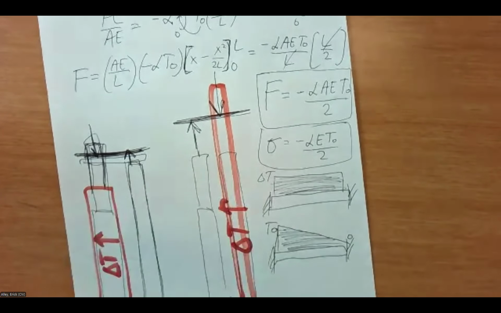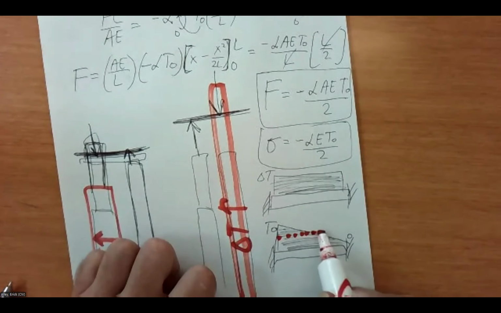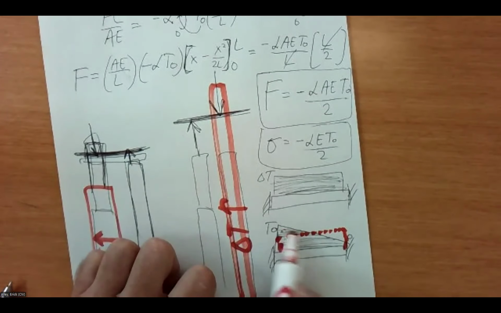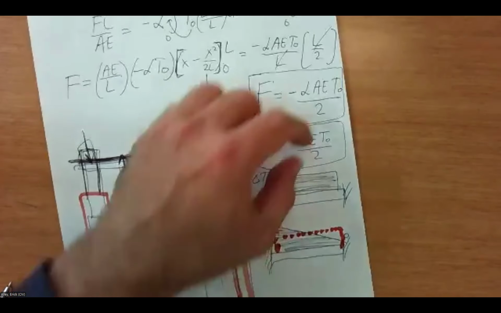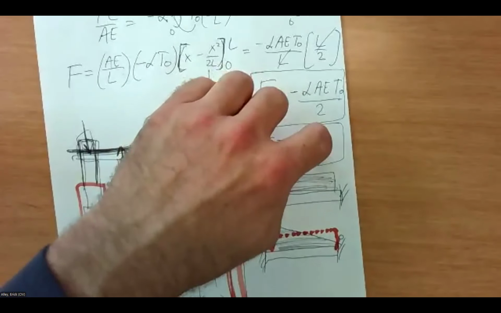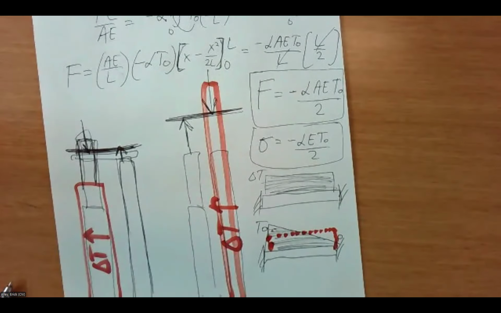The average delta T across there would then be, if I put this part of the triangle over there, T naught over 2, which matches my alpha E times a constant delta T. If I had a constant delta T and it were this rectangle shape, and I take the top of that T naught triangle and flip it or hinge it over here, I could see I get half as much as I would for a full rectangle. I've got a rectangle that's half as tall on delta T. The average delta T across here is half as much, and that's exactly what my formula is.